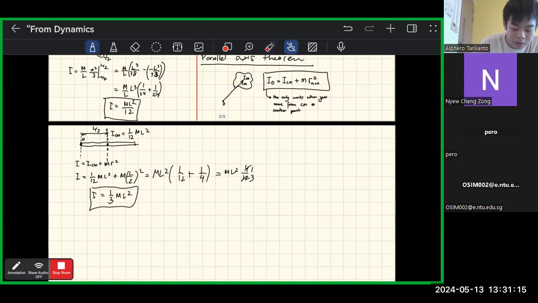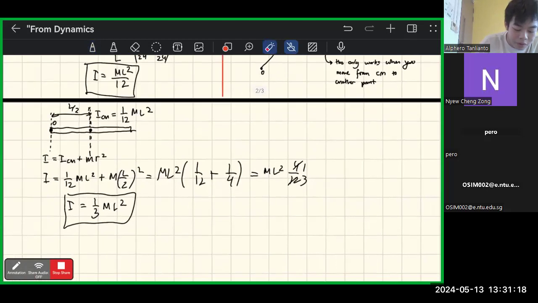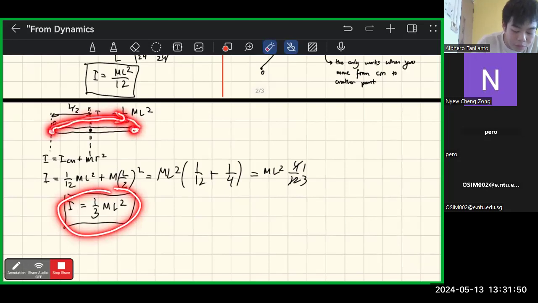So for this problem, if you rotate this rod about this end, the inertia is 1/3 m L squared, and because the rod is symmetrical, rotating about the other end gives the same moment of inertia, 1/3 m L squared. But you cannot move from this point to that point, from one random point to another. It has to be from the center to another point.